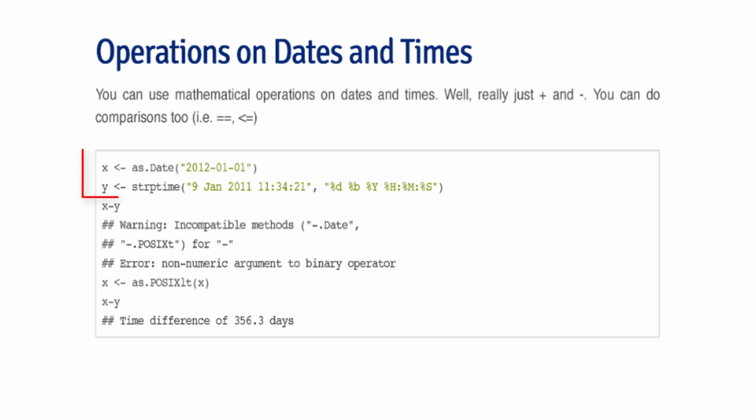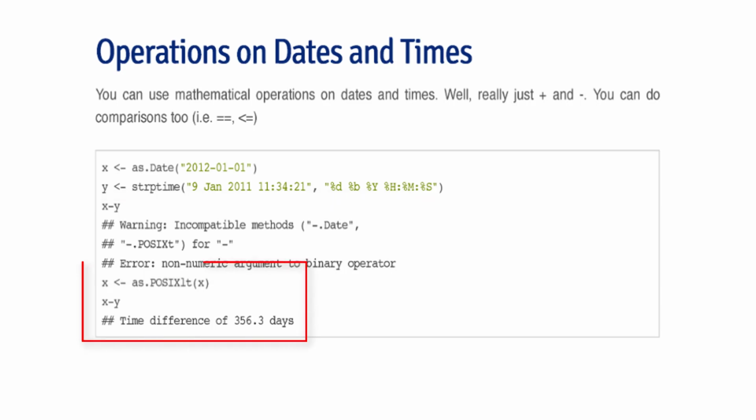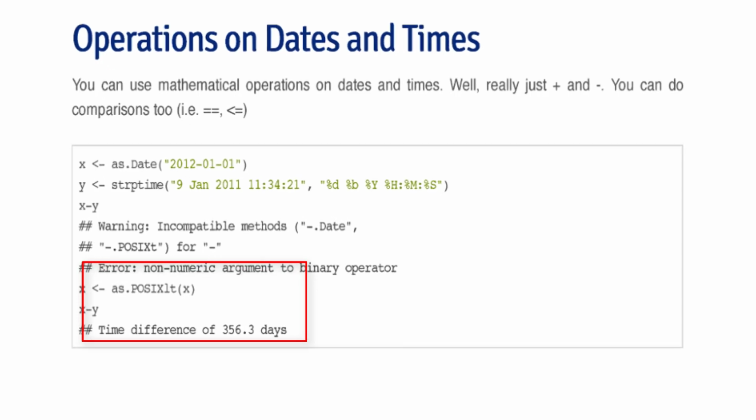So for example, here I have x, which is a date object, and then y, which is a POSIXlt object. If I try to subtract the two, you will get an error because they are not the same type of object. But if I convert the date x to a POSIXlt object, so I can do as.POSIXlt on it, and then if I take the difference, it will say that the difference is 365.3 days between the two.